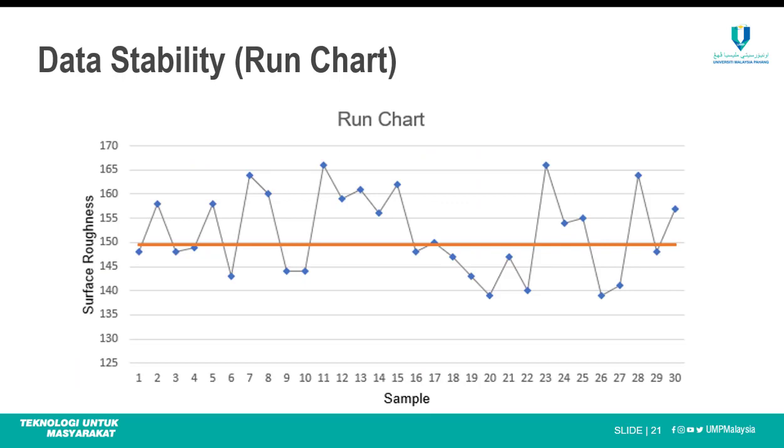Okay. Then as an addition to the normality test, we can also plot the data into a run chart to see if there is any pattern that we can observe from the data. Based on the plot that we made, the data is roughly balanced between the upper side and the lower side, and it is also randomly distributed among the upper and lower side.